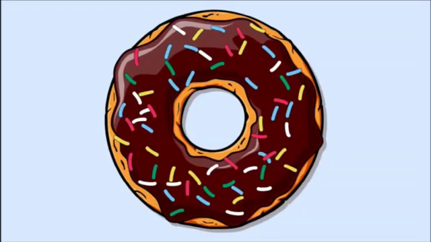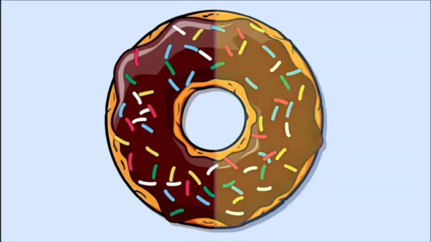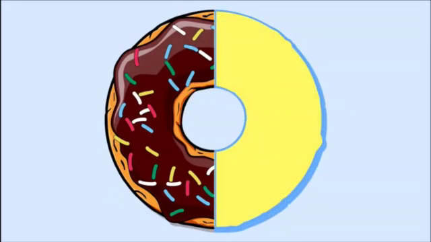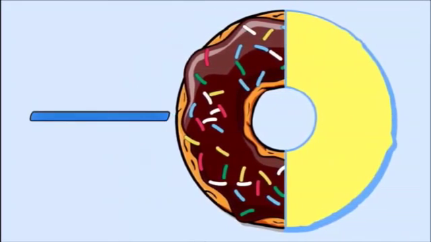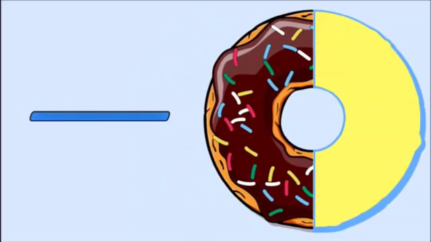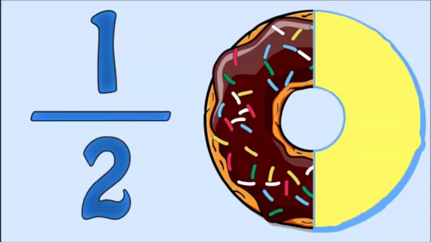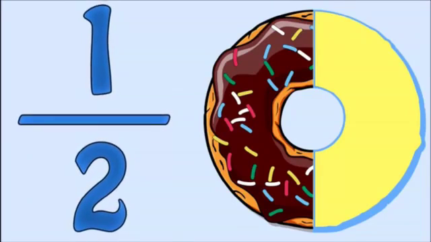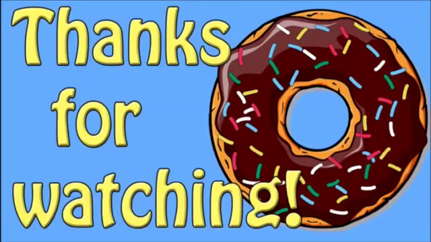If you and your friend have 1 donut to share, then you will cut it into 2 pieces. If there are 2 pieces of donut and you eat 1, what is the numerator of your fraction? That's right, the numerator is 1. What is the denominator? Right again, it's 2. When the fraction is 1/2, we call that 1/2. Thanks for watching.